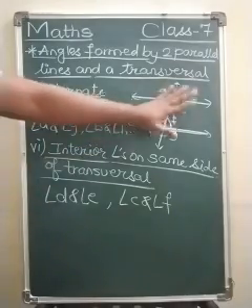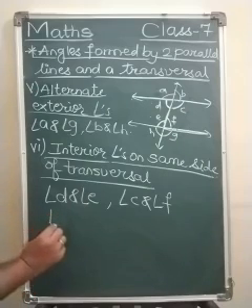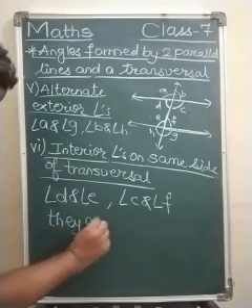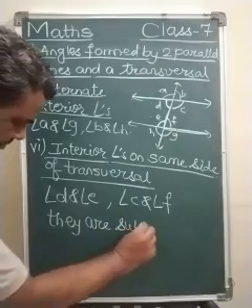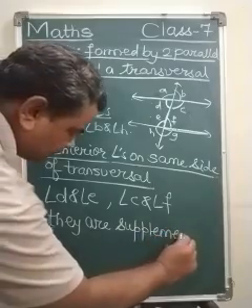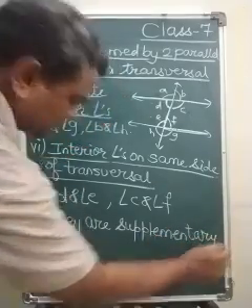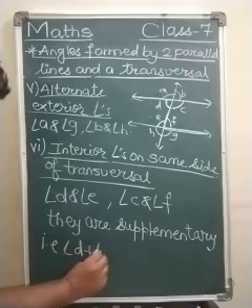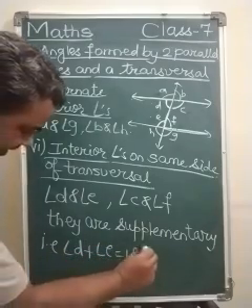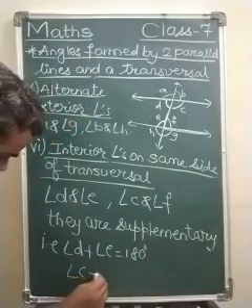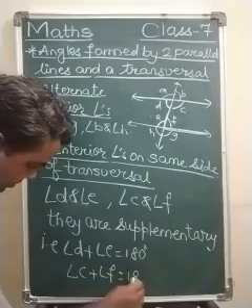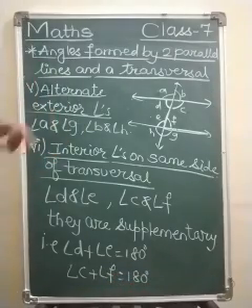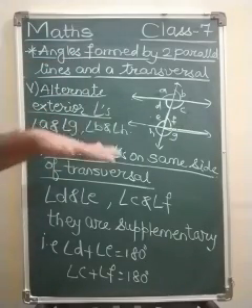A very interesting property is there about these: they are supplementary. That is, angle D plus angle E equals 180 degrees and angle C plus angle F equals 180 degrees. That means the addition of these two angles will be 180 degrees.